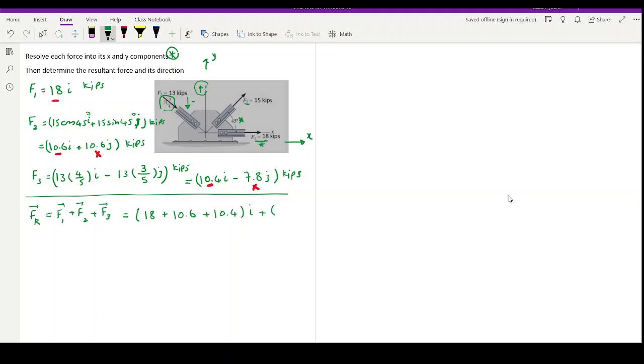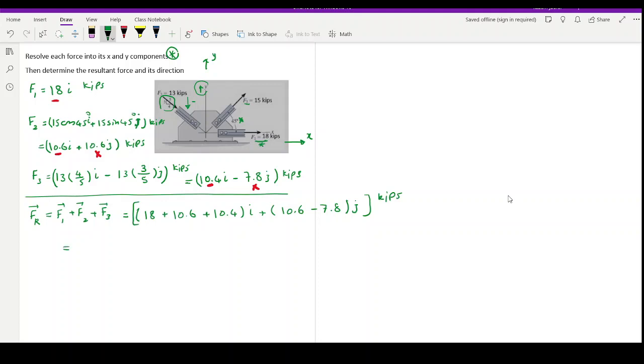The first force, F1, does not have any j component, but F2 has, and it's 10.6, and F3 also has, that's negative 7.8. Don't forget, these are places where you may make a mistake. You may forget to put this negative and stuff like that. So I'm putting this inside the parentheses again to write kips in front of it. So add them to each other.